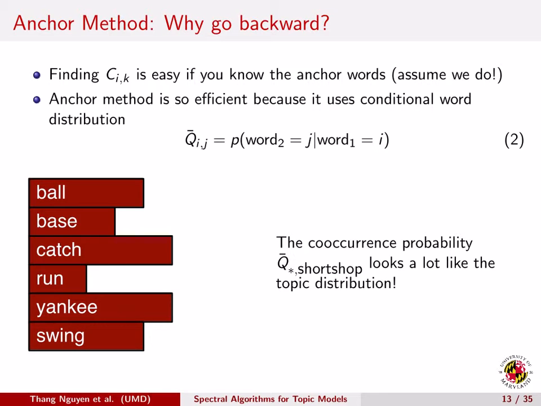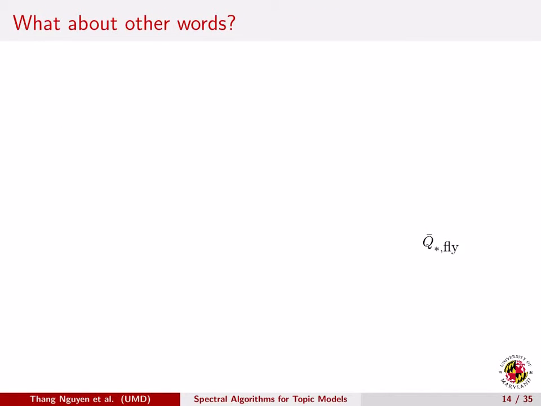Now things get a little bit more complicated for other words that are polysemous. So for example, consider the conditional distribution of words given that you've seen the word fly in some context. Now you might see things like airplane and bug and catcher and Yankee. Why do you see those words in contexts that include the word fly?